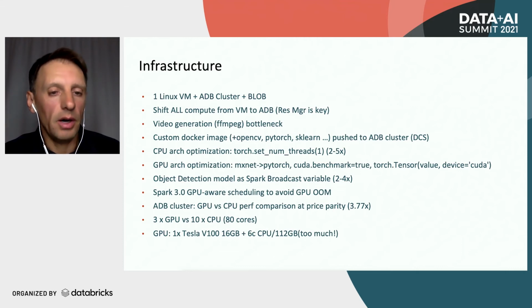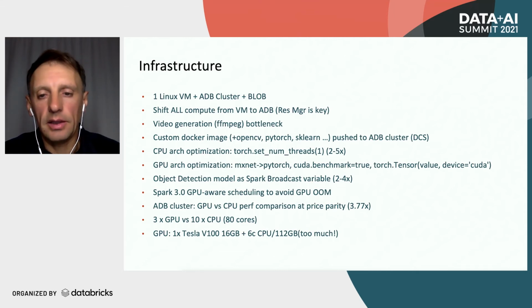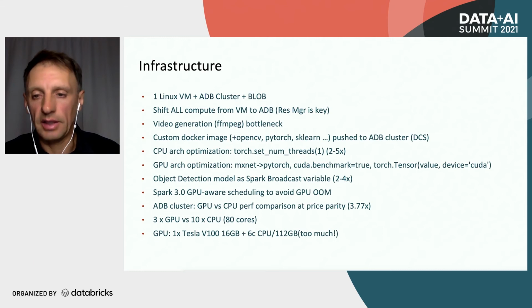On the GPU architecture side of things, we had to move from MXNet to PyTorch, because MXNet just wasn't working for us on the GPU side. And then there are configuration options for running the tensor on the CUDA device that gave us some lift.